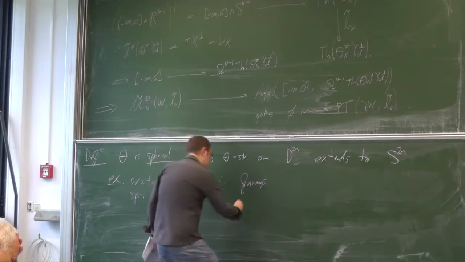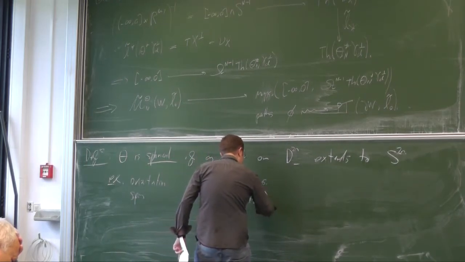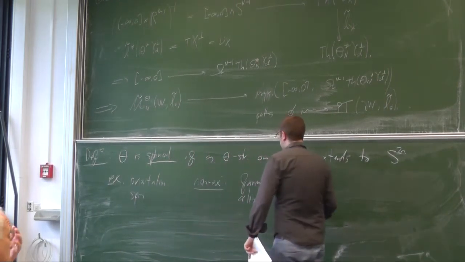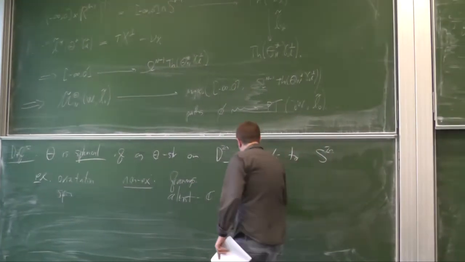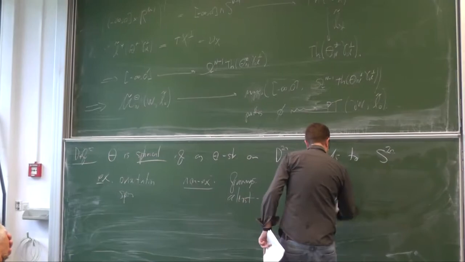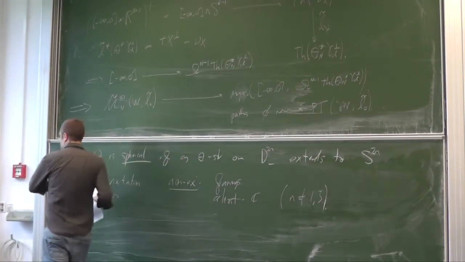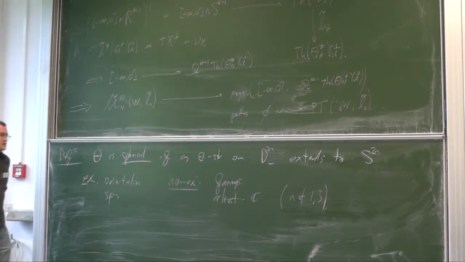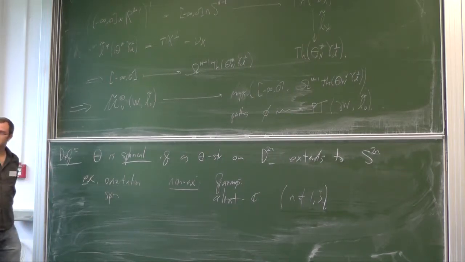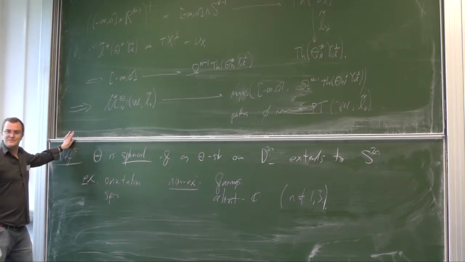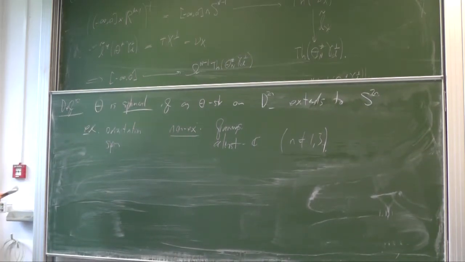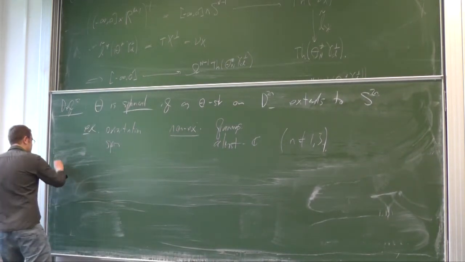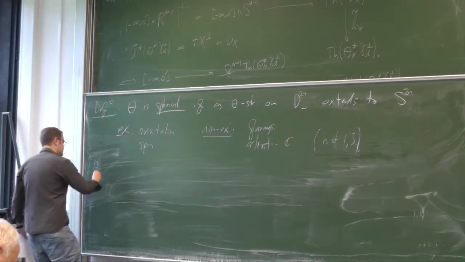Another interesting one is almost complex structures, at least for n not 1 or 3. Another one is partial framings, which is like having a vector field. Right, so that's one definition. This is just a hypothesis that nothing will be true without, so I'll have that.